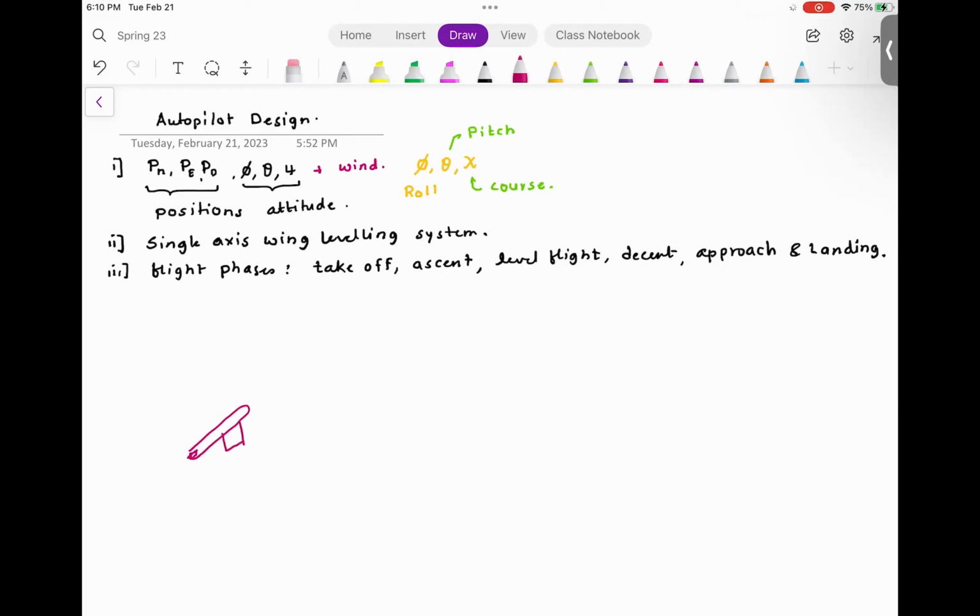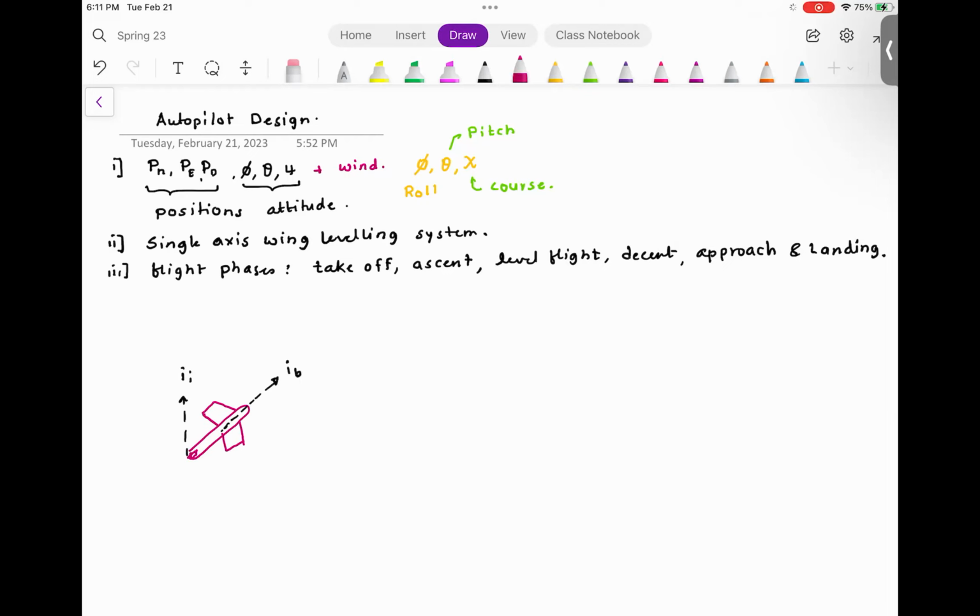And this is an inertial axis. So this is going to be my I, my inertial axis. Now, if you look at the body axis, this is going to be my Ib, which is my body axis.